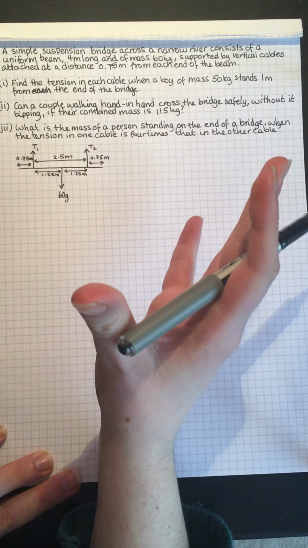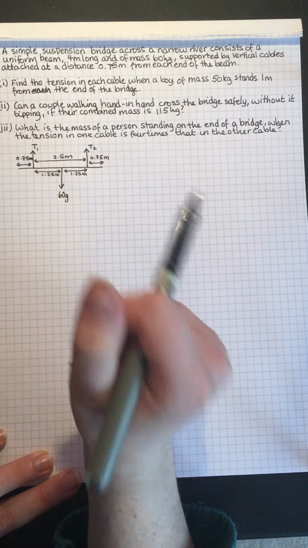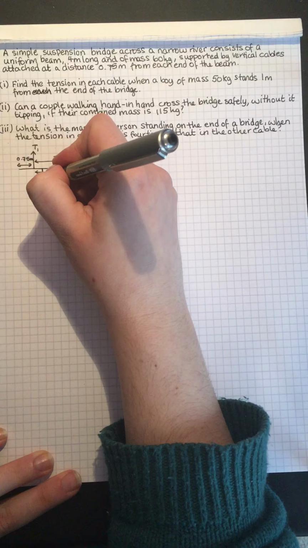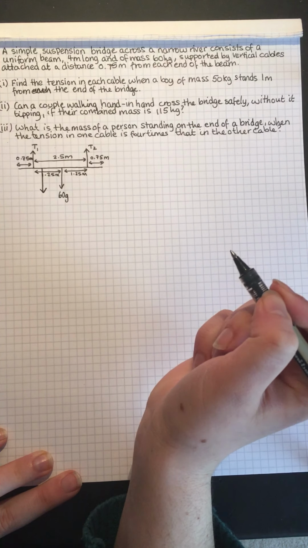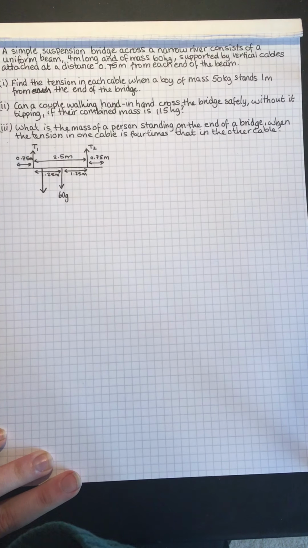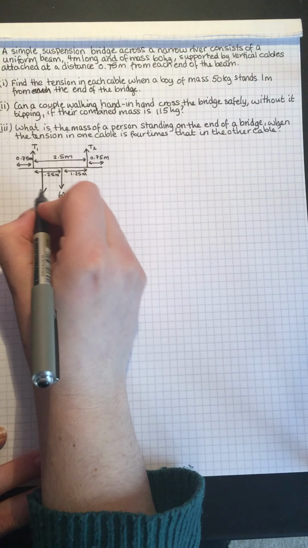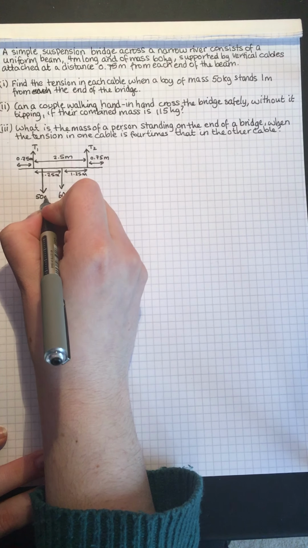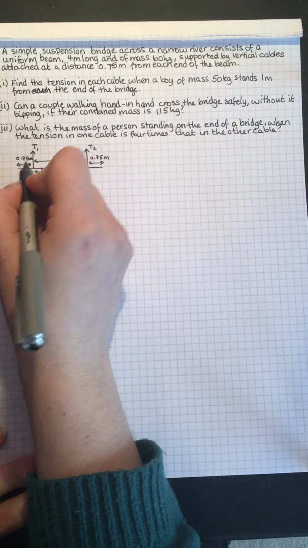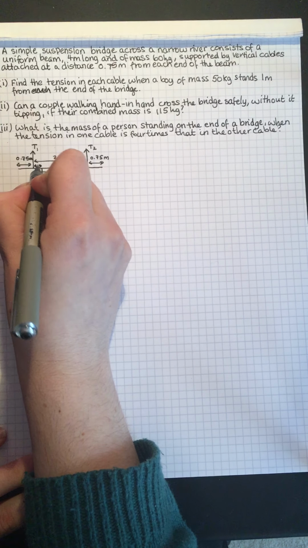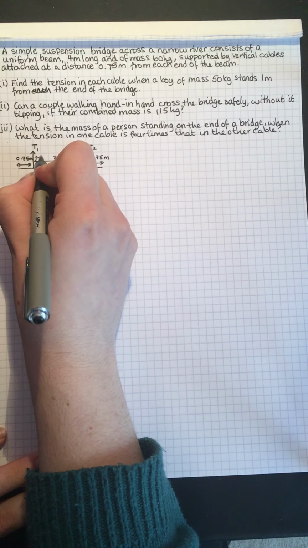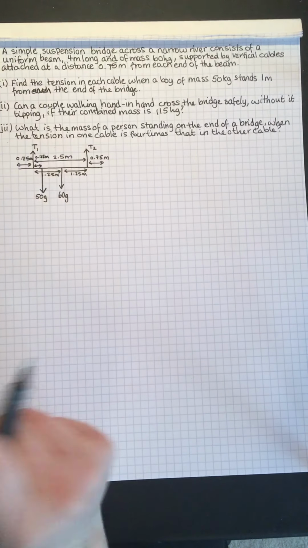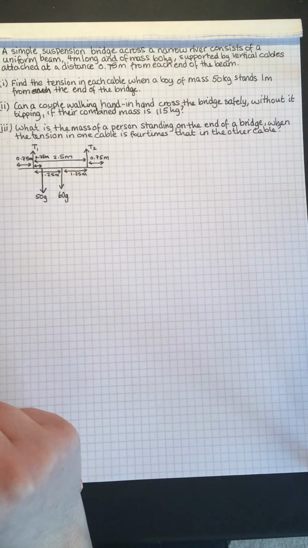Now because this is symmetrical, it doesn't matter at all which end he stands from, so let's put him over here. So if he's standing there, we're going to have his force acting downwards, which is going to be equal to his weight, which is 50 g, and that's going to be 0.25 meters there. Not really got enough space, but you can see what it is.